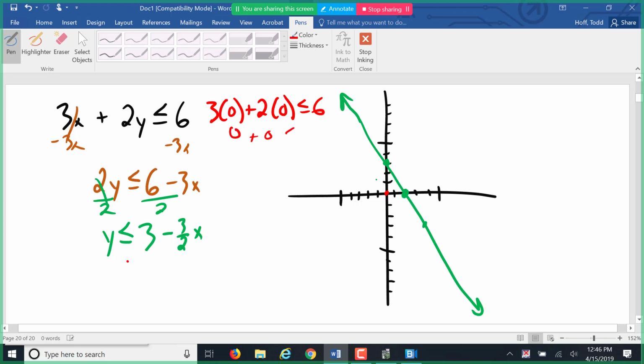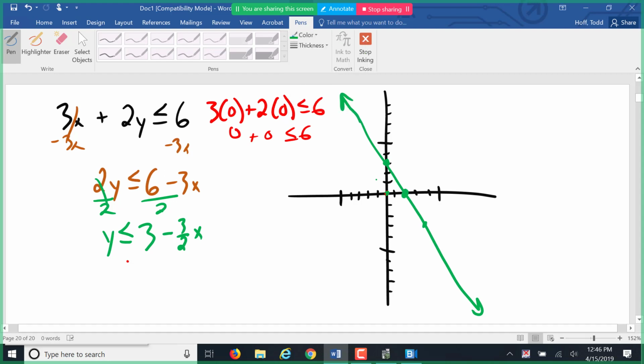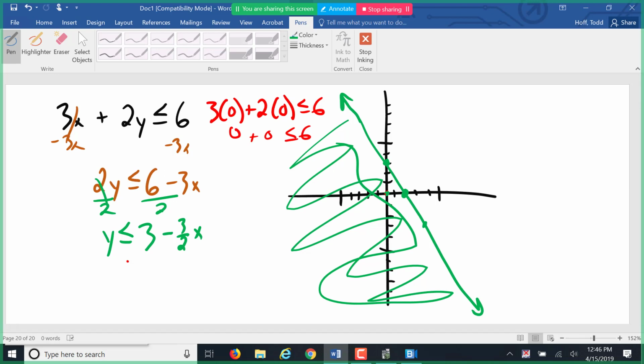Yeah, 0 plus 0, is that less than 6? Yes. So that point, 0, 0, is in the solution of this. So that means we're coloring in this side of that line. So that shaded region, along with the solid line, is the solution to that inequality.